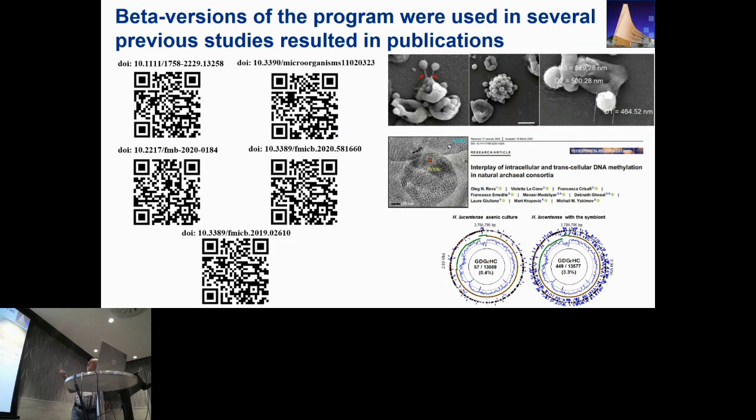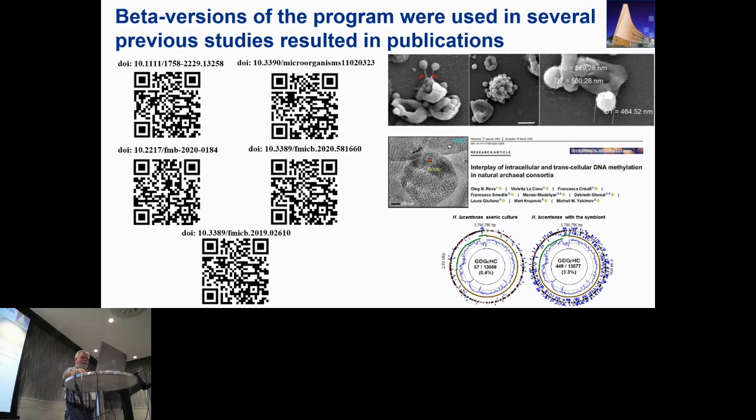You can see here the DPANN symbiont, very small, 500 nanometers, with a very reduced genome, but it has its own restriction modification system. What we found is that in the host organism, there is almost no methylation at these sites, but if we have host plus symbiont, we have multiple methylations at sites specific for the symbiont. So through pores, they can exchange even big proteins like methyltransferases to protect the chromosome of the host from the restriction enzyme of the symbiont.